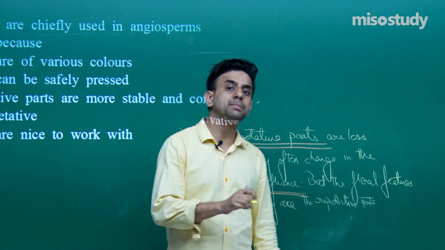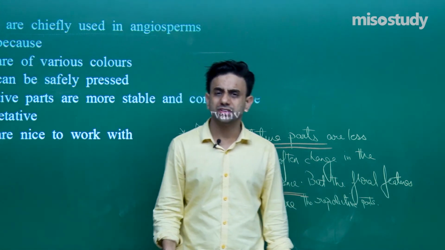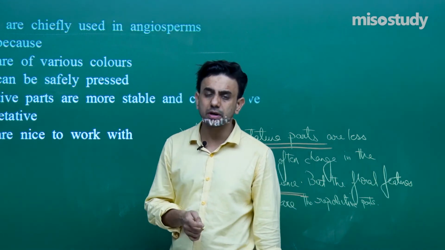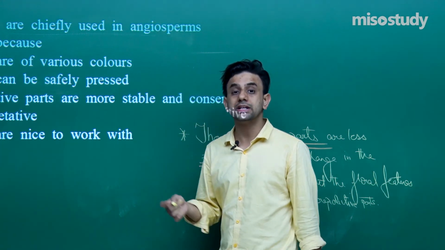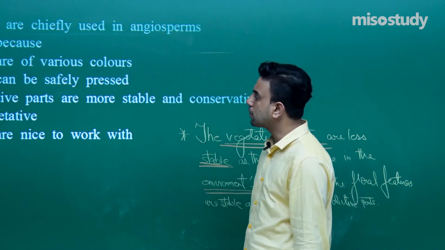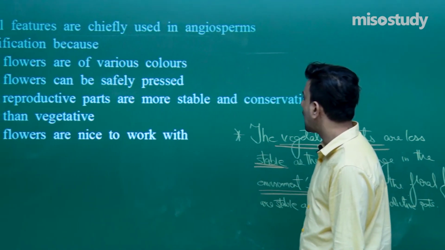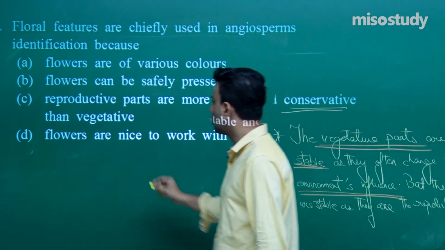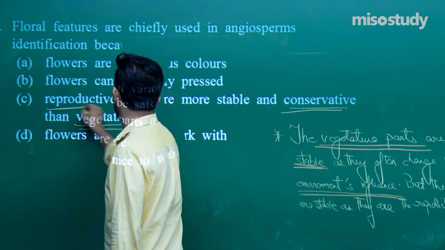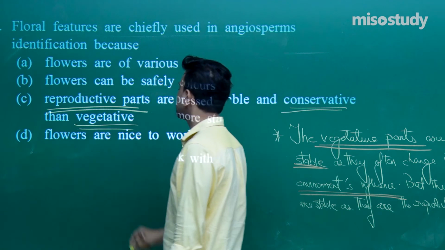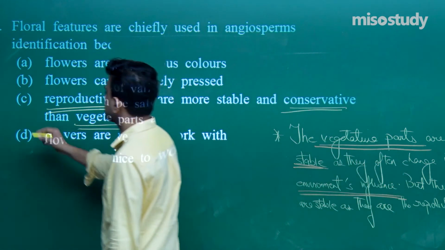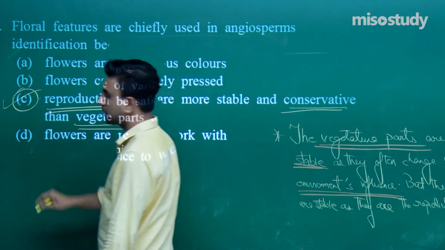We cannot say completely not influenced, because there are many examples, but they are relatively less influenced. So, the reproductive parts are more stable and conservative than the vegetative, and that is why the floral features are chiefly used in angiosperms.